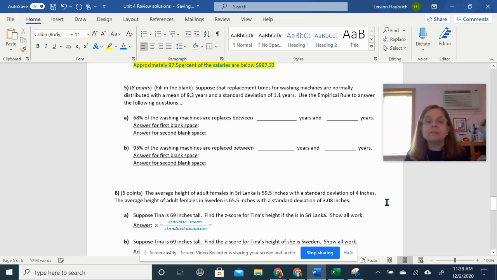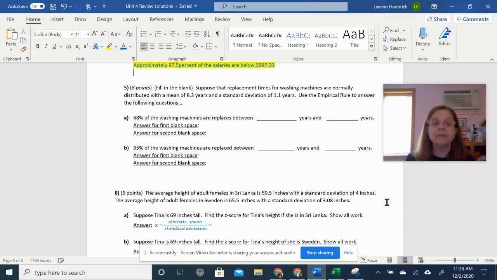Suppose that the replacement time for washing machines is normally distributed with a mean of 9.3 years and a standard deviation of 1.1 year. So that basically means the average person replaces their machine every 9 years, but it could be 9.3 minus 1.1, so that would be 8.2.